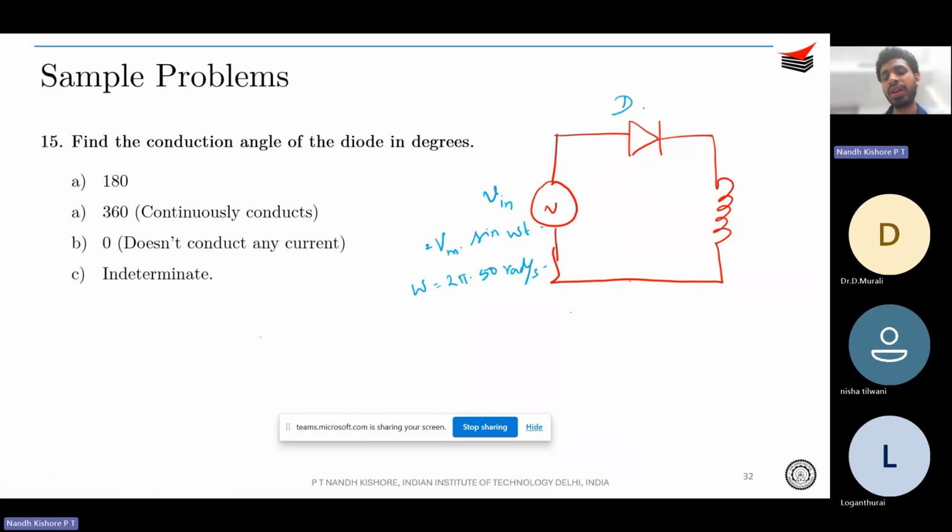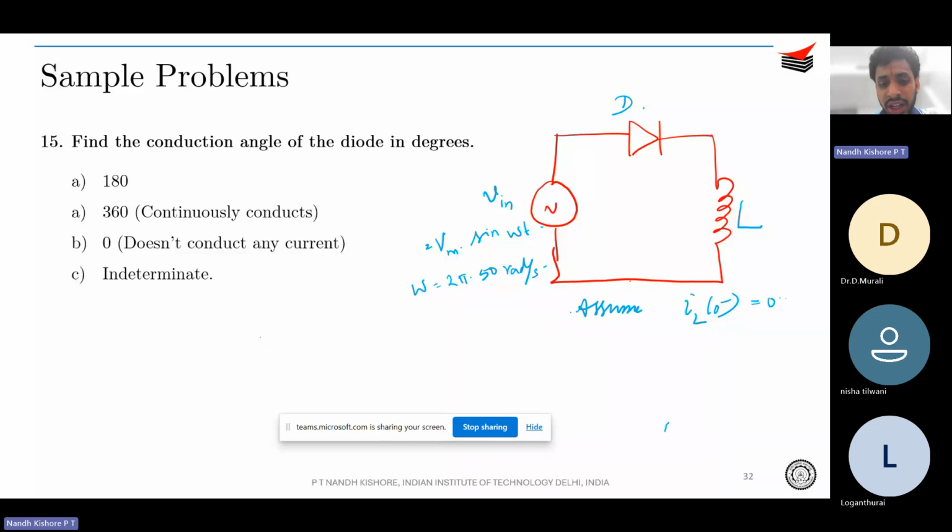You have a diode over here and you have a purely inductive load. No value is given as such. Also it is given to assume IL(0-) equal to 0.